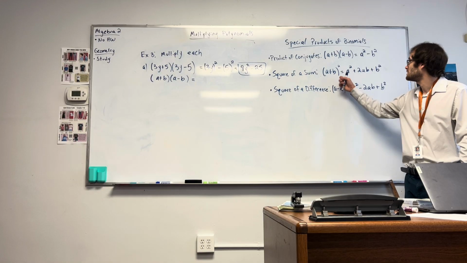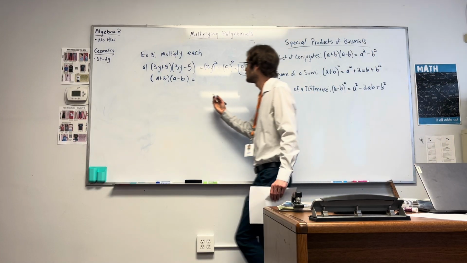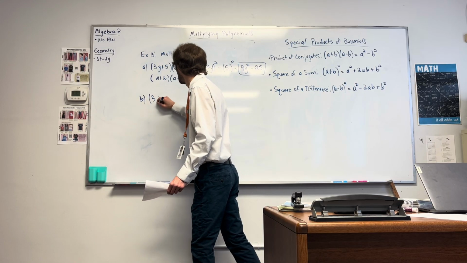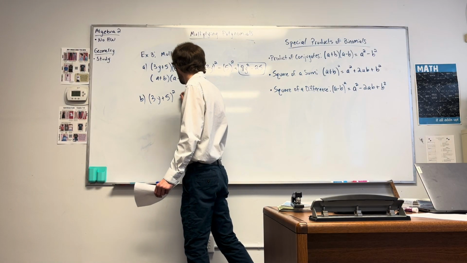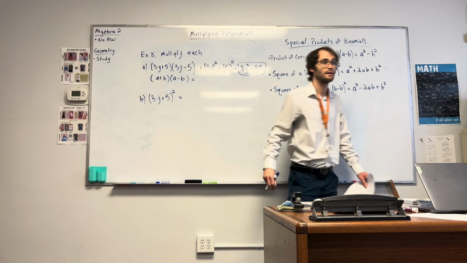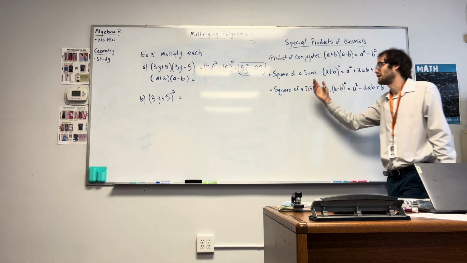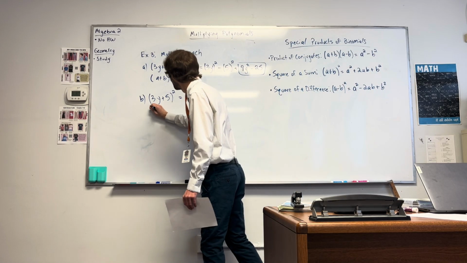All right, let's see these bottom two here. 3y plus 5 all squared. Notice this is just the square of the sum. Again, I'll copy that underneath.